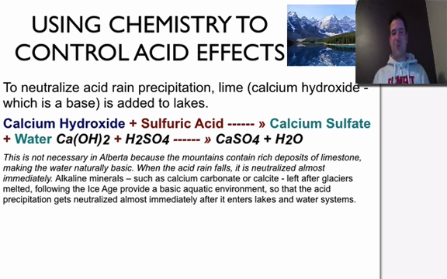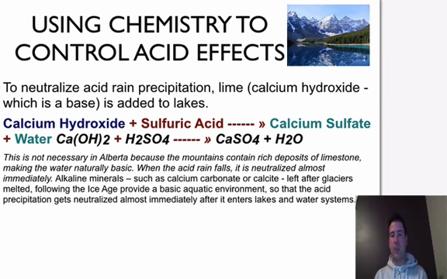Anyways, so using chemistry to control acid effects. So we've been talking about the process of neutralization. We also talked about the formation of acid precipitation or acid rain from the harmful emissions of nitrogen oxides into the air.